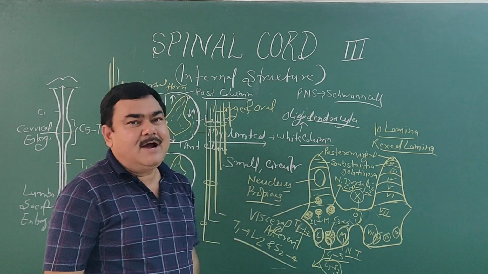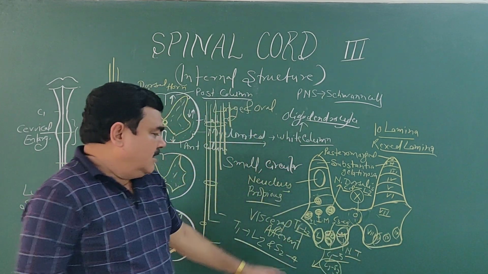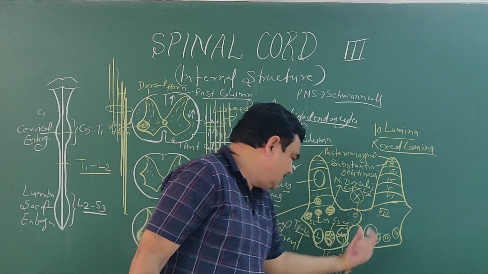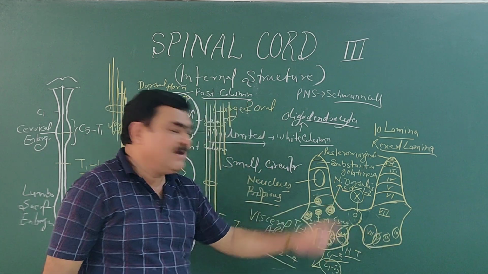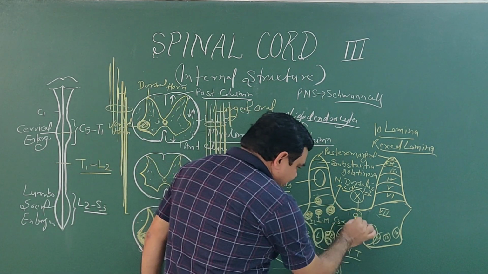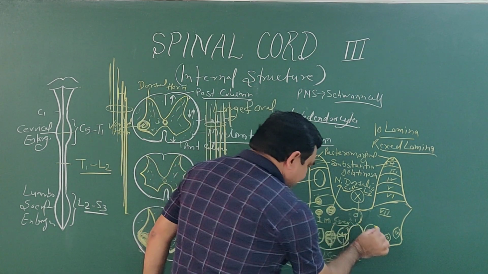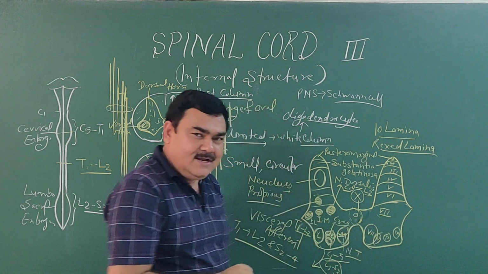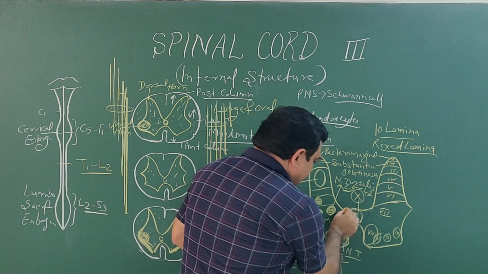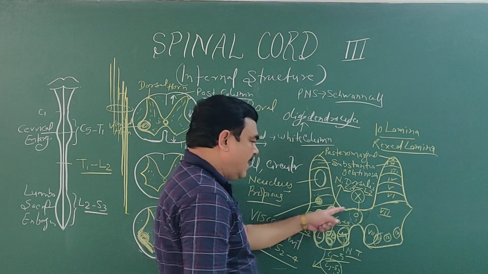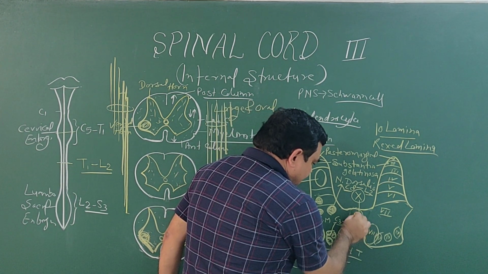And again, the medial is also divided into ventral and dorsal regions. If you compare, this region is related to the 8th and 9th lamina. Here is the 10th lamina, where interneurons are present, and as you know, there are the gray rami communicantes.